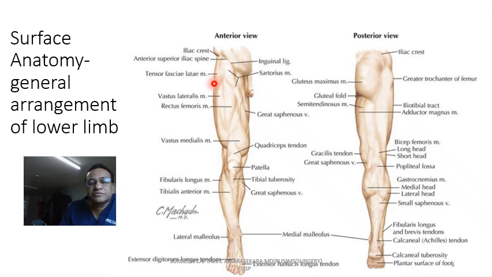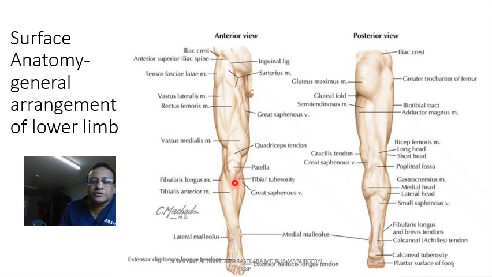Here are the quadriceps muscles, which include vastus lateralis and rectus femoris, and at the distal end you will see the quadriceps tendon, which attaches to the patella and continues as the patellar tendon until it inserts into the tibial tuberosity. It's prominent in your anterior lower limb, so you can palpate the tibial tuberosity from the outside.